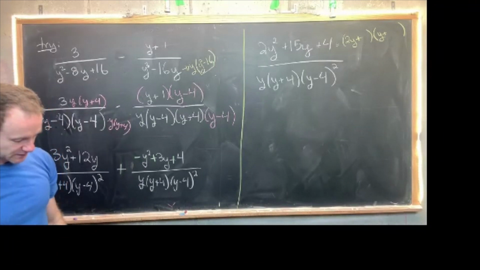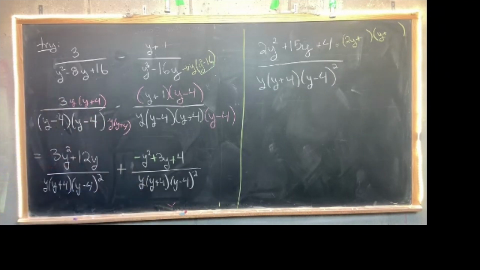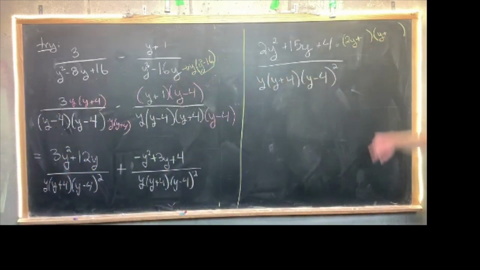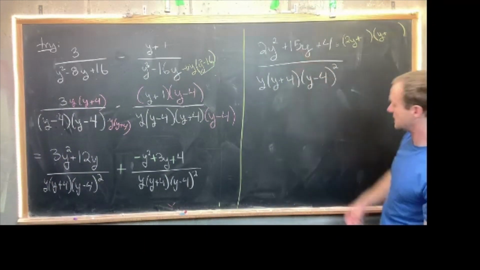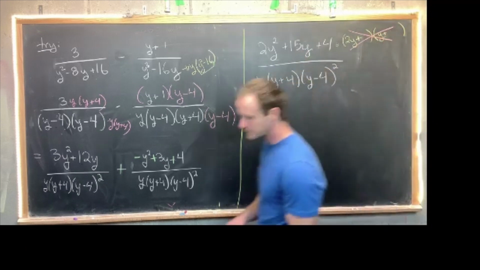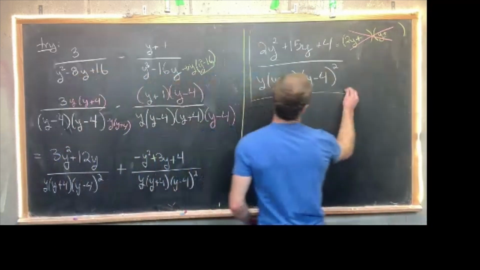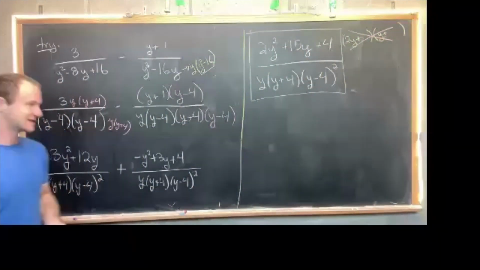We can split that up as 4 times 1 or as 2 times 2. But notice neither of those will work. If we put a 4 here and a 1 here, we'll get 8 plus 1, which is 9. That doesn't work. If we put a 2 here and a 2 here, that also doesn't work to give us 15. So in conclusion, this thing is not going to factor, which makes this expression the final answer. Okay, so that's as simple as this one gets.